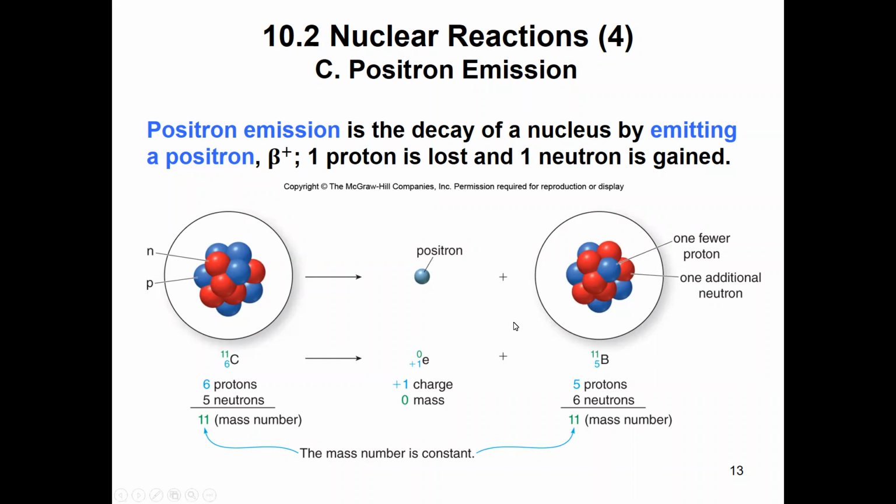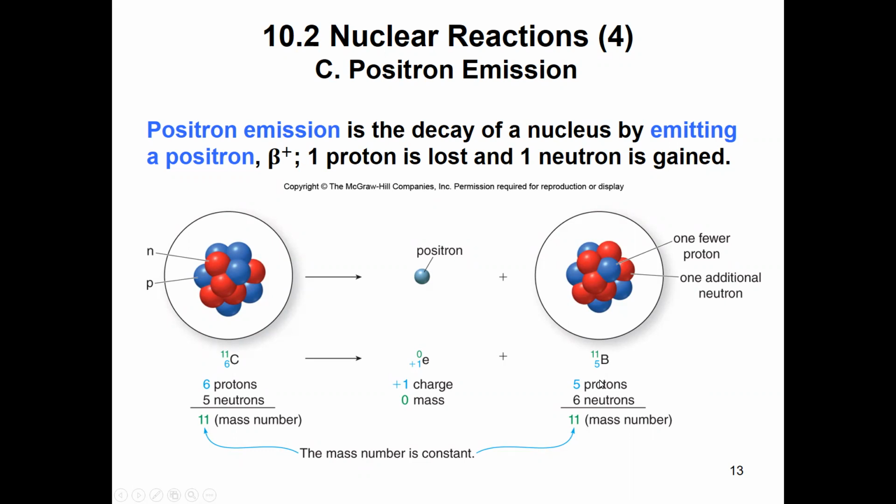And a positron emission comes down to changing a proton into a neutron. You see how there is 1 less proton and 1 more neutron, because the number of neutrons needs to increase for boron to keep the same mass number.